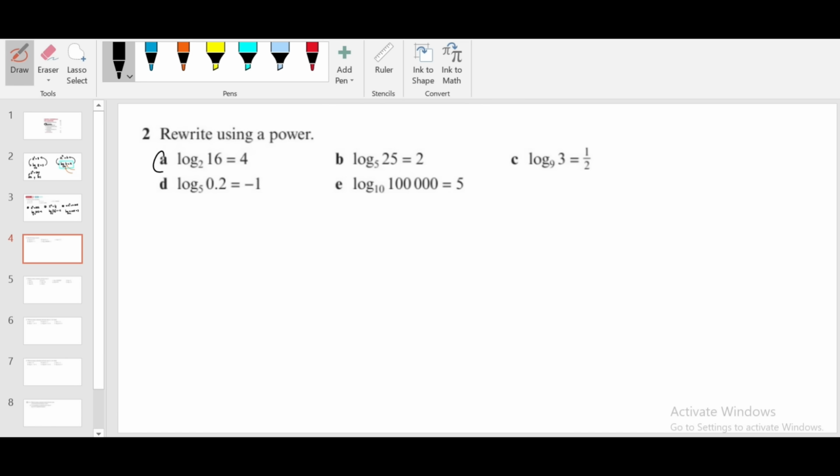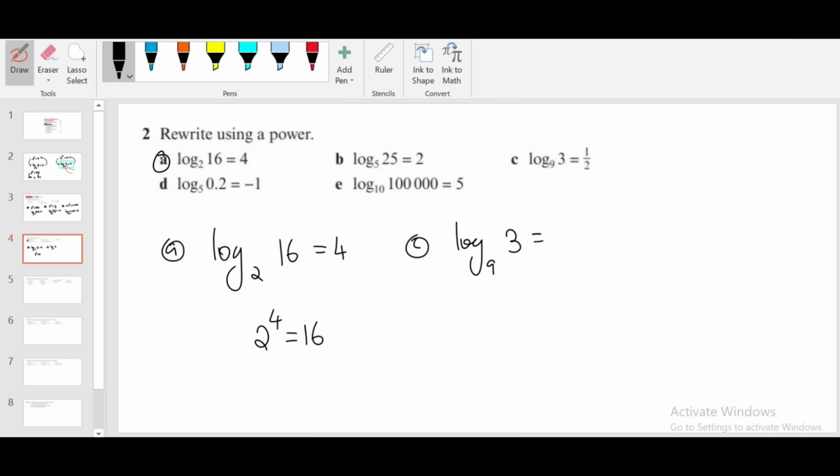Now this is how you rewrite using power. Log 16 to the base 2 is 4, right? The base is 2, 2 power 4 is 16. Understand? For C, log 3 to the base 9 is 1 over 2. So 9 power half is 3.